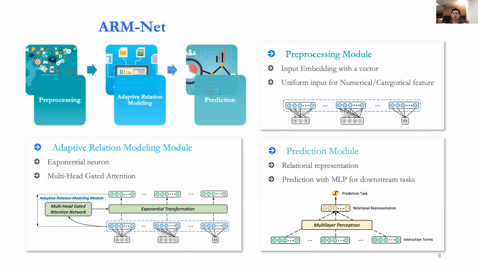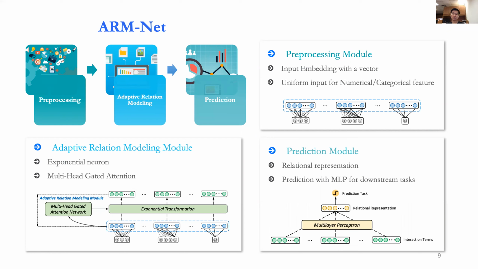So with adaptive relation modeling, we can now design a more efficient, effective, and interpretable neural network model called AMNET for structured data modeling. AMNET comprises 3 main modules. First, the pre-processing module, which pre-processes each input feature into an embedding vector for both numerical and categorical features. And second, the adaptive relation modeling module, namely the ARM module, which is the core module of the architecture.